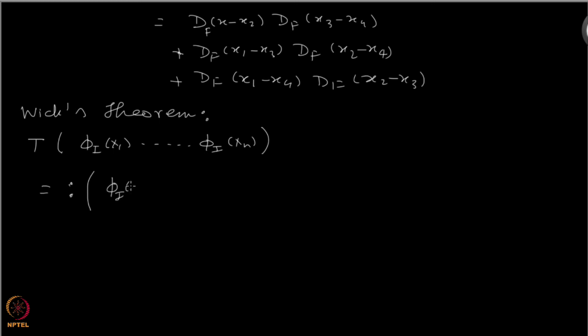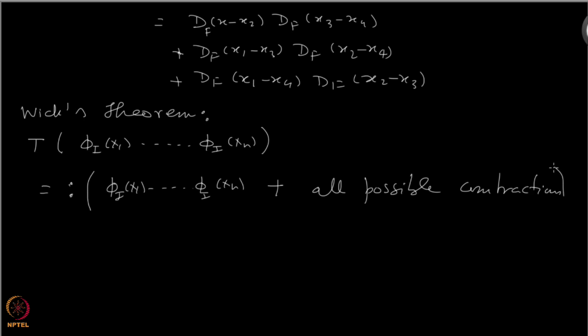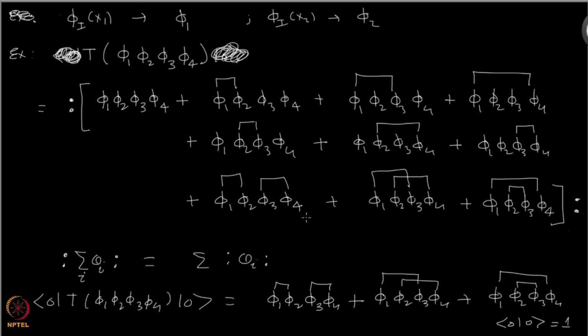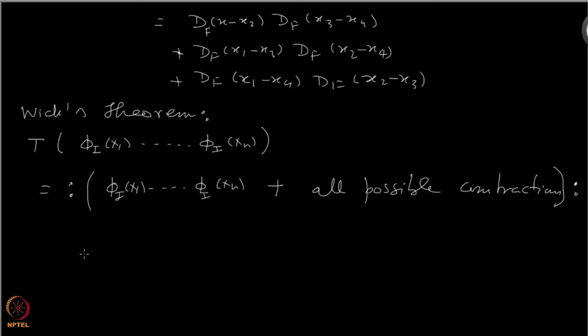You take all the fields phi I x1 up to phi I xn, just like in the case of 4 fields, plus you should do all possible contractions, just as we did here. So you have to construct all possible contractions, starting with only 1 contraction, then going to 2 contractions, then 3, 4, and so forth. And we'll prove this result in the next video. I'll provide the proof in the next video.